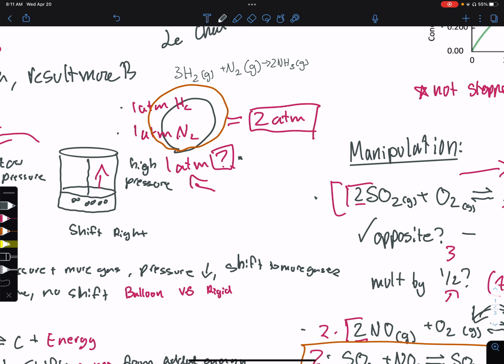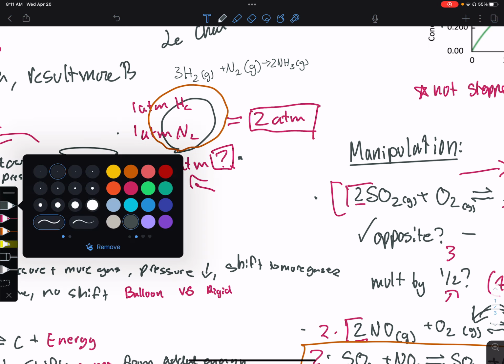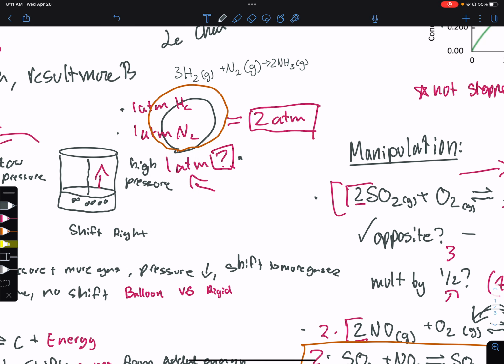So essentially, when we take it at face value, instead of having one ATM of H2, we now have a smaller ATM for H2. This would be one third of what it originally was. So one third times one is one third. Now after the addition of this, the ATM of H2 would be one third ATM.